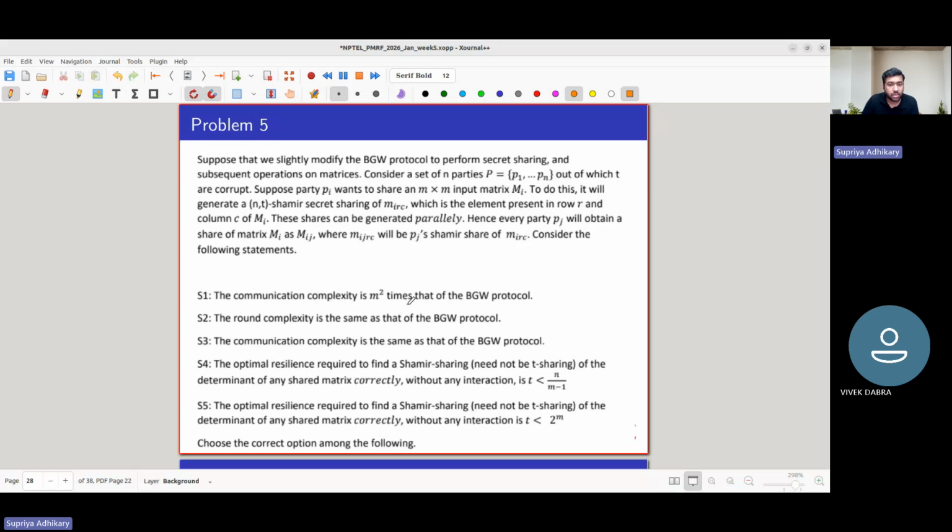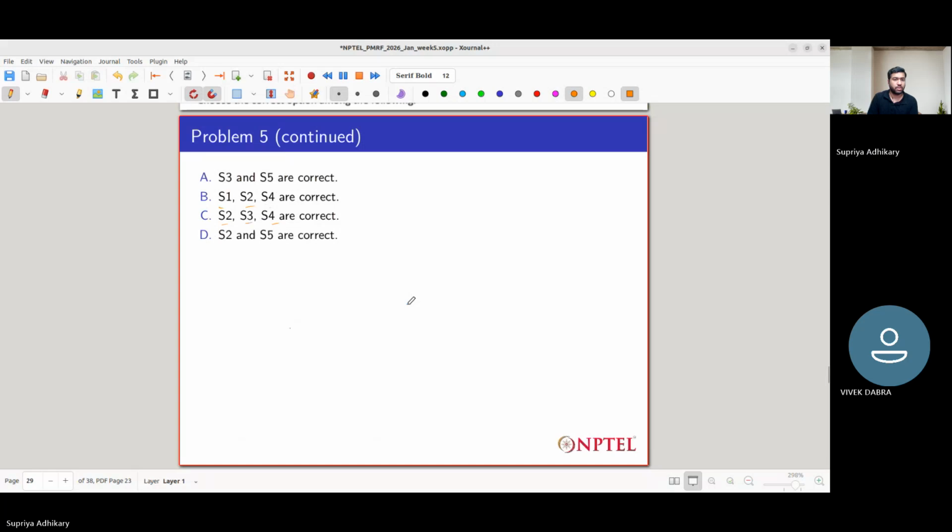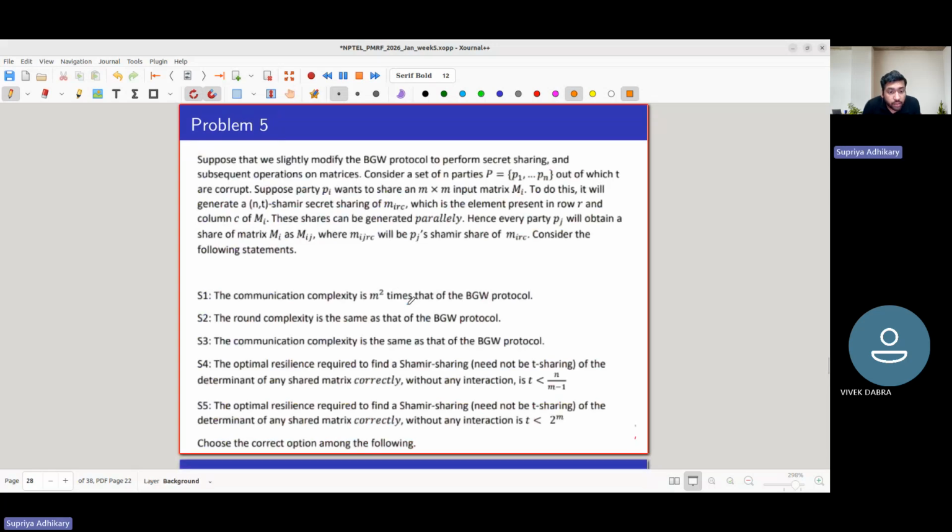The round complexity is the same as the BGW protocol. The communication complexity is the same as the BGW protocol. And S4 says the optimal resilience required for semi-secret sharing, where the determinant of the matrix is computed without any interaction, is t less than this. And the same thing with t less than 2 to the m.